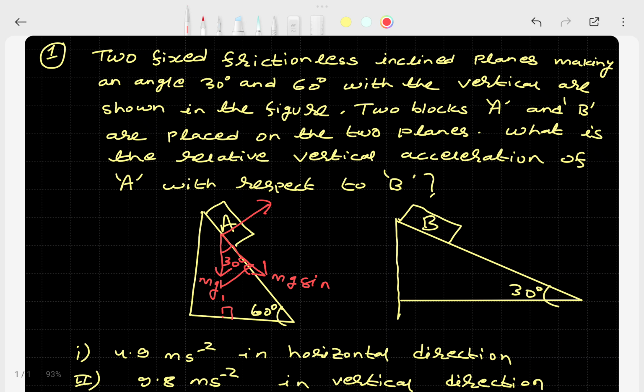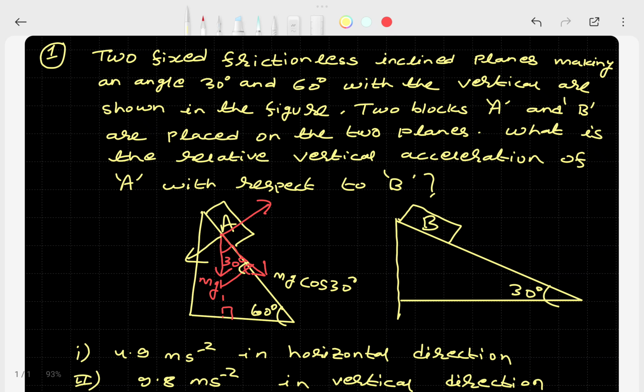Now here, if I draw the projection here at 90 degree, then this will be your mg cos 30 degree, and this will be mg sine 30 degree, two perpendiculars. Now let us complete this portion first.